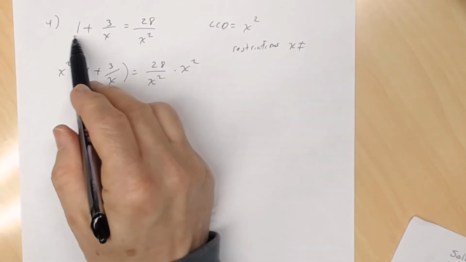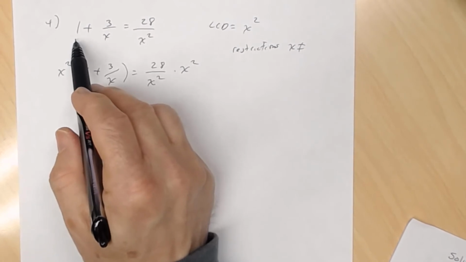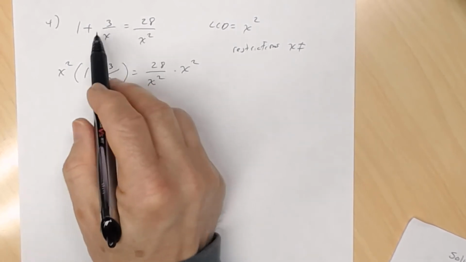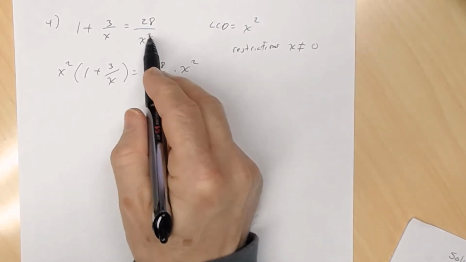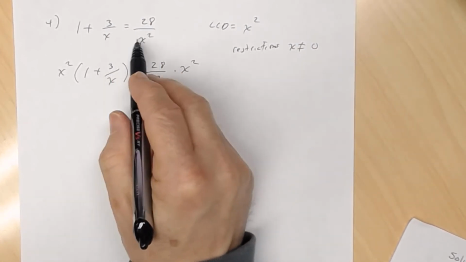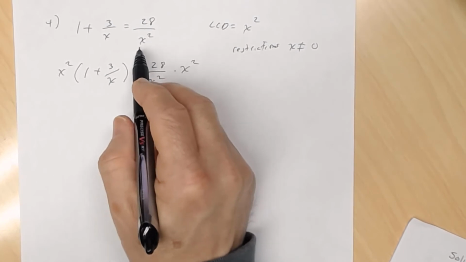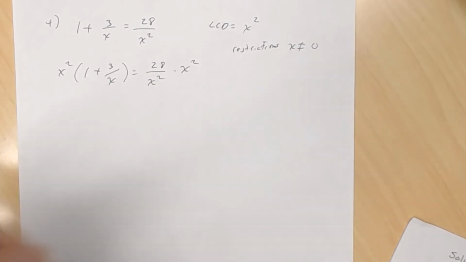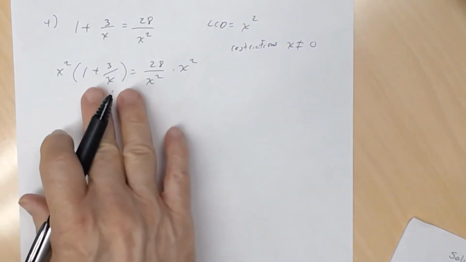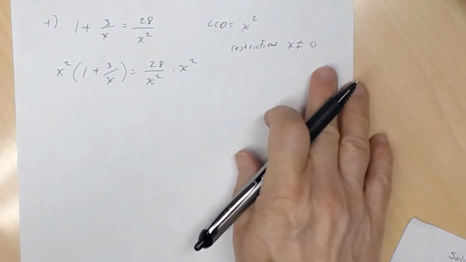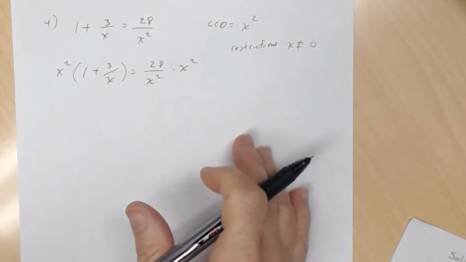Well, is this denominator right here ever going to be 0? No, it's always going to be 1. When is this 0? When x is 0. When is this 0? Again, when x is 0, because what's 0 times 0? 0. So the only restriction is 0. Okay? So if I do all of this and I get 0 as one of my solutions, then we have to say something.